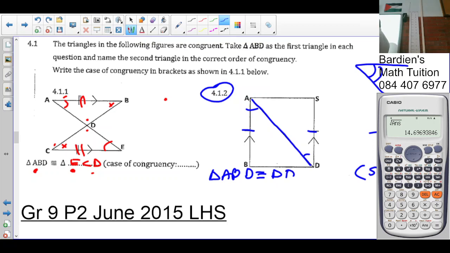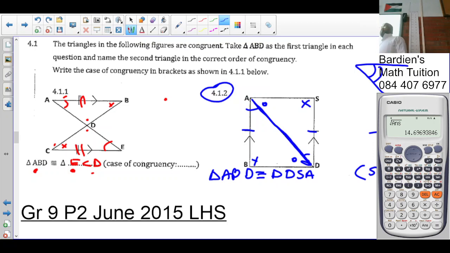Angle D. So you start off with A and D. Then we move down. So of course this angle here and that angle will be equal. It goes A, B. So B would correspond to which angle? S. So it's D, S, A.